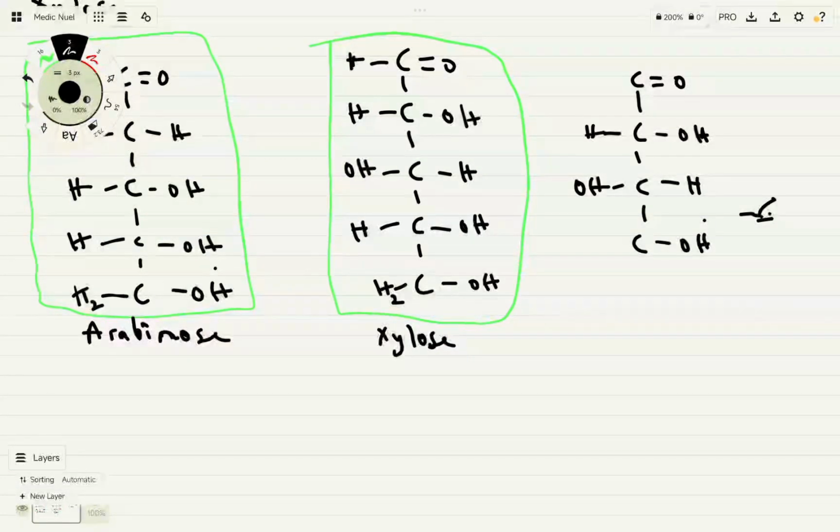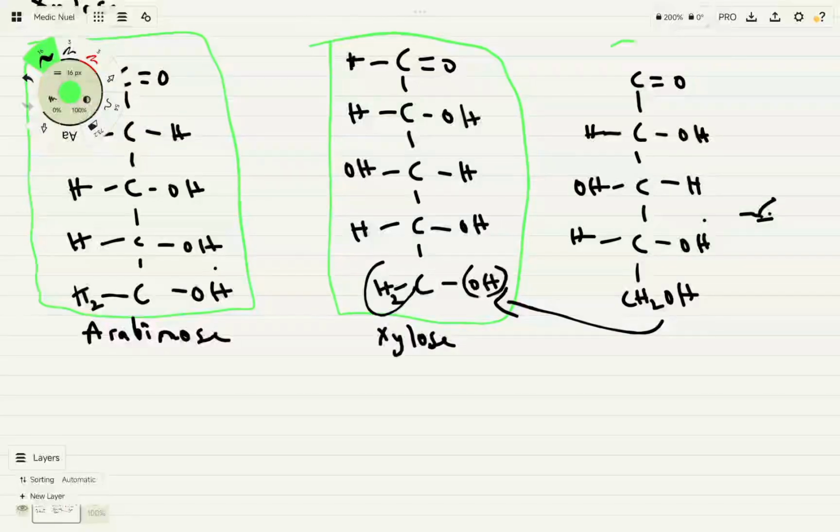Still the same thing, but they are going to do something like this: CH2OH. Yes, it is still the same thing with the C, our H2 and our OH. As you can see, CH2. So you can see it like this, you can also see it like this. It's still the same thing. So that's that for xylose.